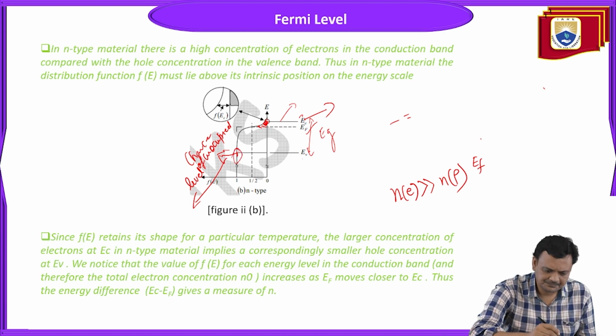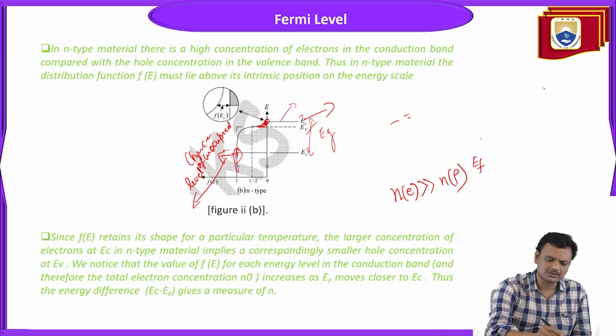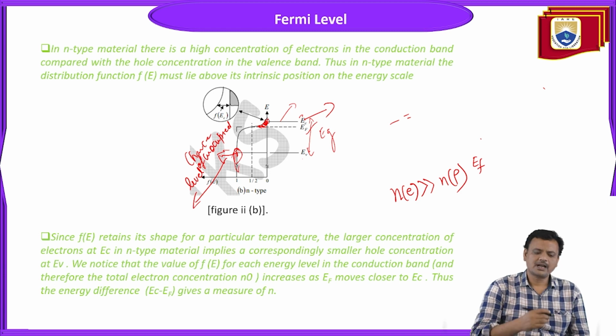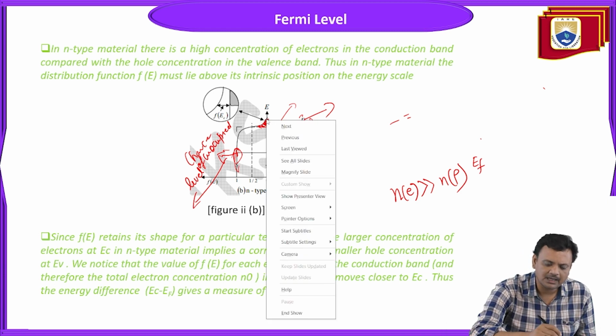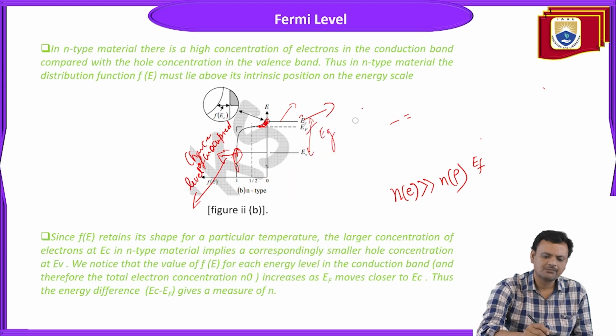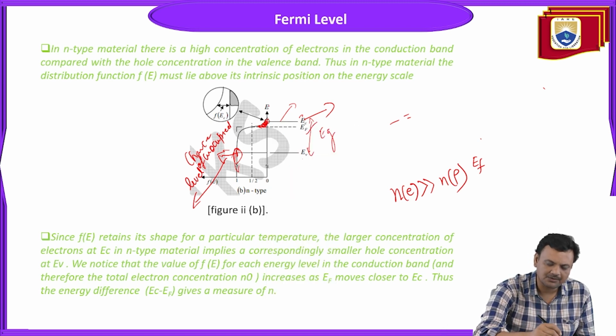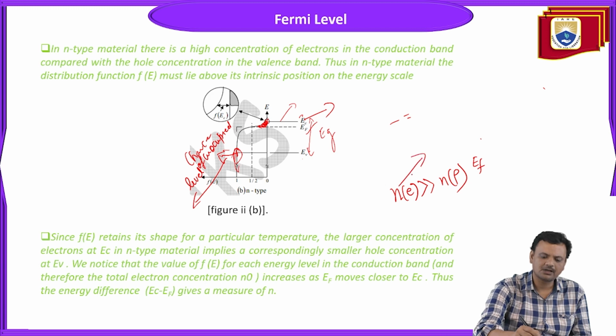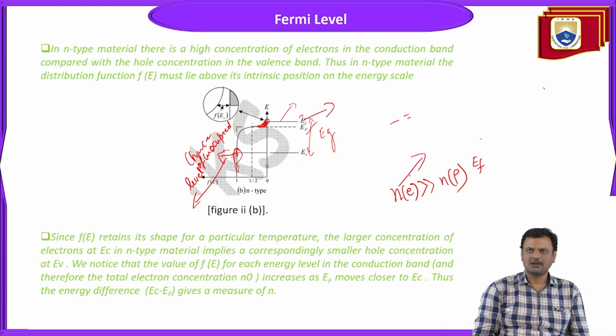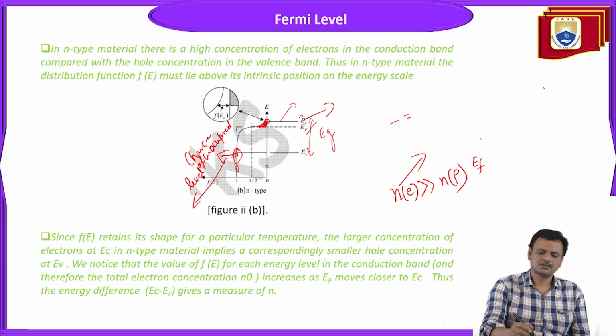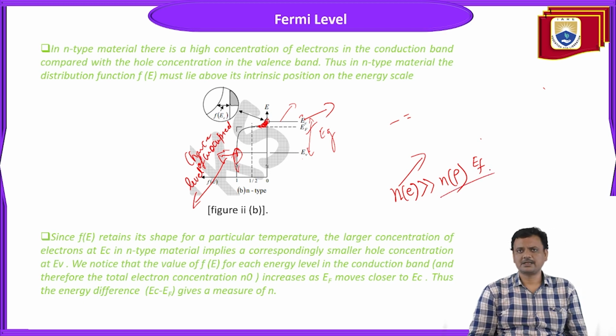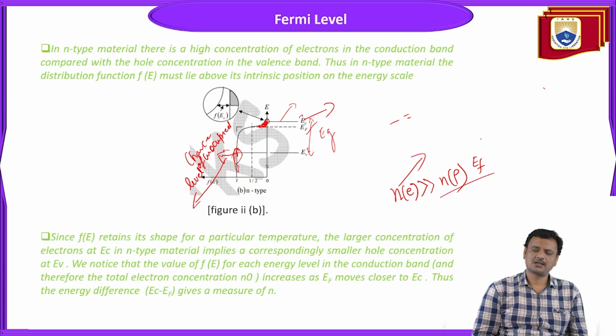But here there is some more chance in comparison to this region that the levels are filled by electrons. Okay, means if these levels are filled by electrons, the available number of electrons for conduction is greater than the available number of holes, or the available number of electrons in the conduction band will be greater than the available number of holes in the valence band.